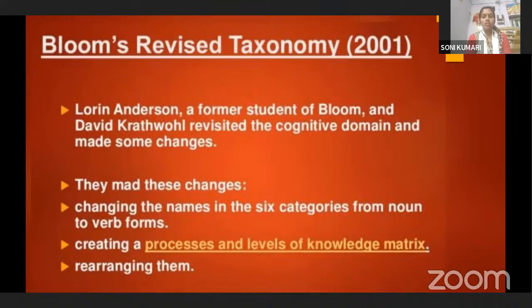Bloom's taxonomy was based on categories, but the revision changed the names to activities, creating a process and levels of knowledge matrix, and rearranging them.